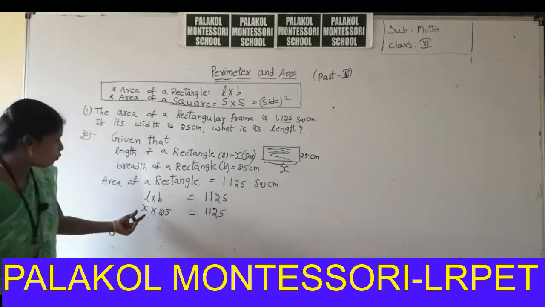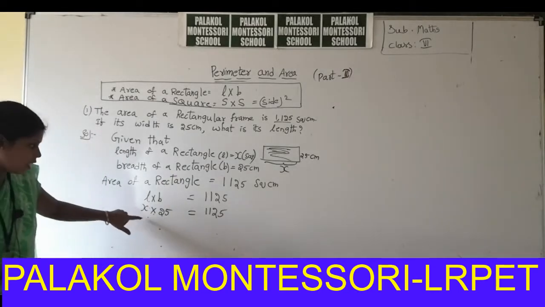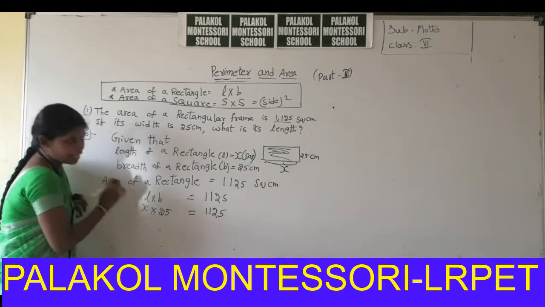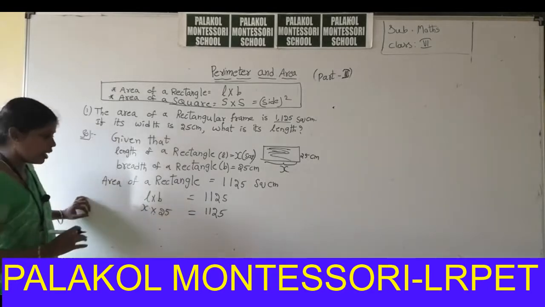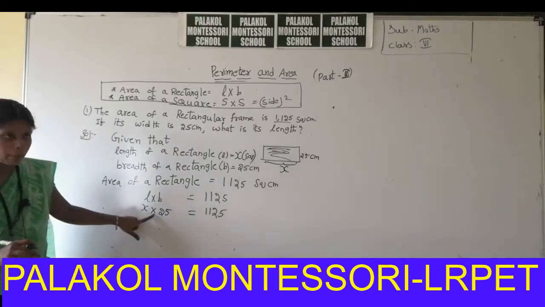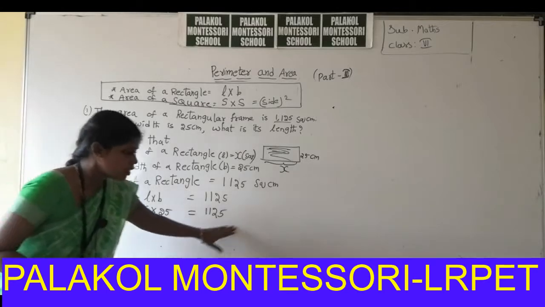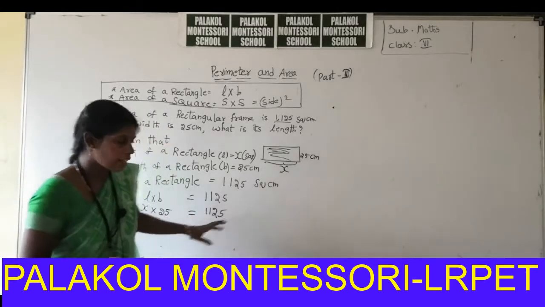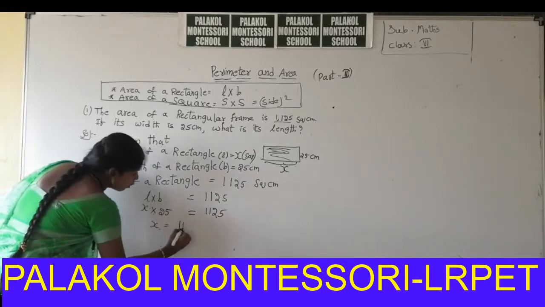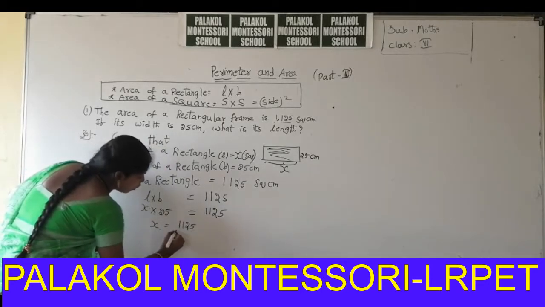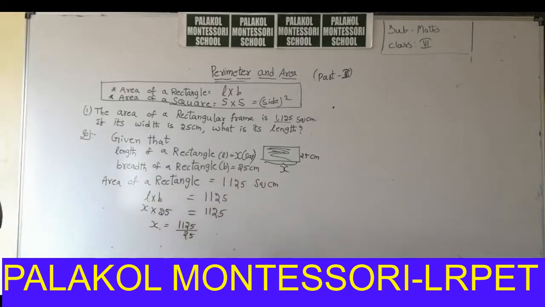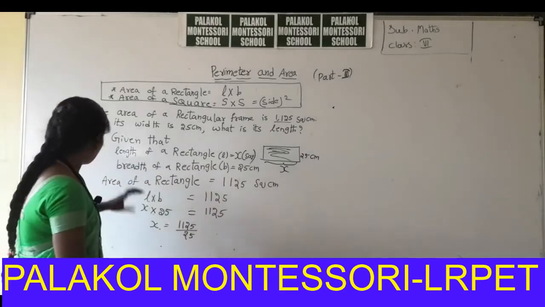So we can find the value of x. The 25 is multiplied here, so when this 25 comes to this side, it becomes division. So x is equal to 1125 divided by 25.